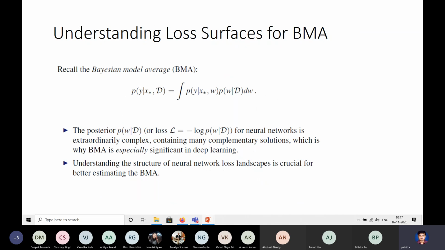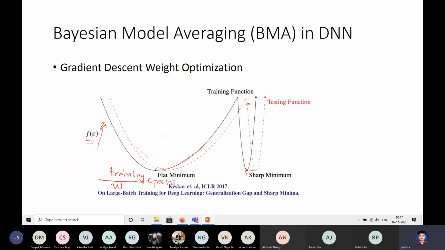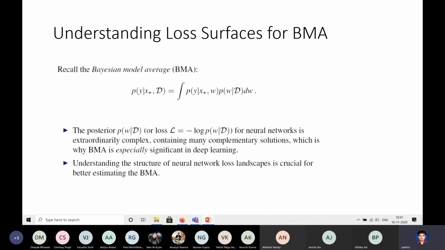Okay, so this surface of the error in the y-axis and the different values of weights in the x or more axes is called an error landscape or an error surface. So let us examine the error surface or the loss surface.